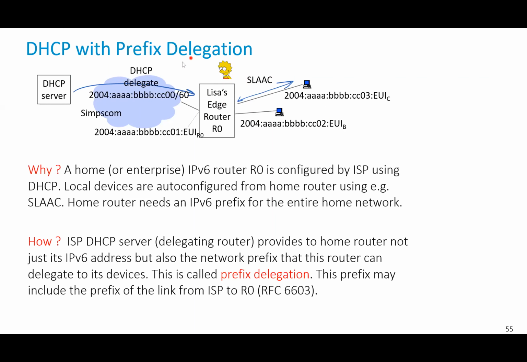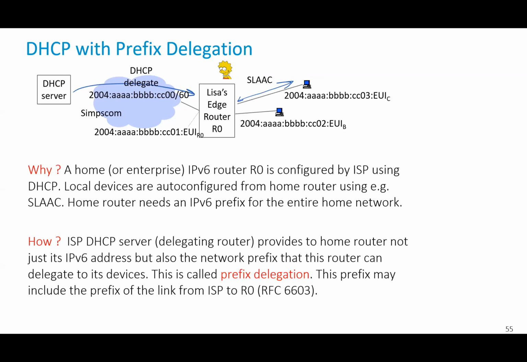So here, for example, this provider delegates this /60 to Lisa, and the IP address of the router here belongs to this prefix, which means that in all routing tables, in all information that the provider has about Lisa, all it needs to know is this 60-bit prefix.